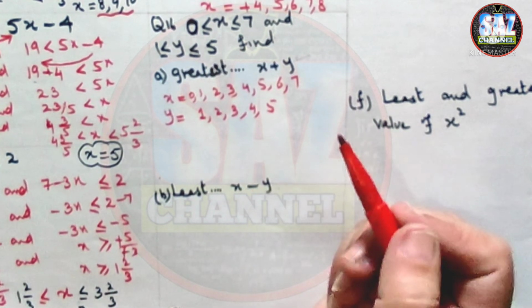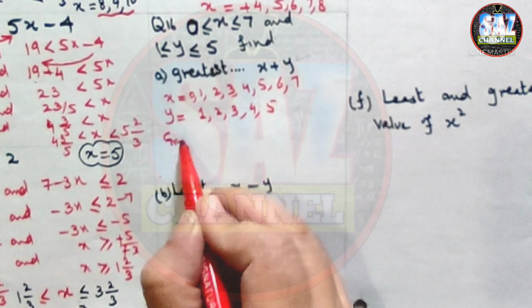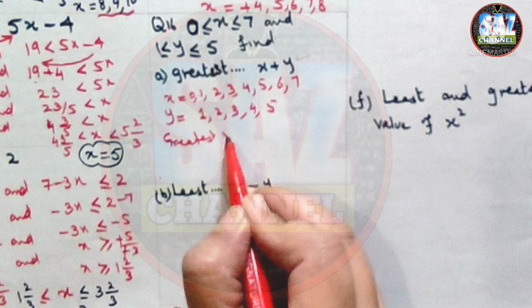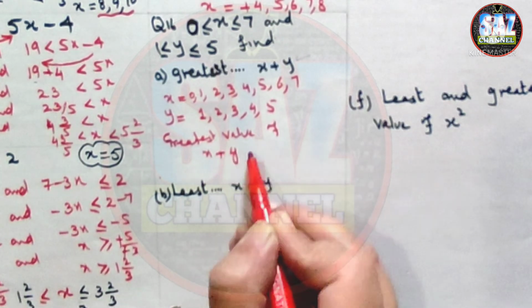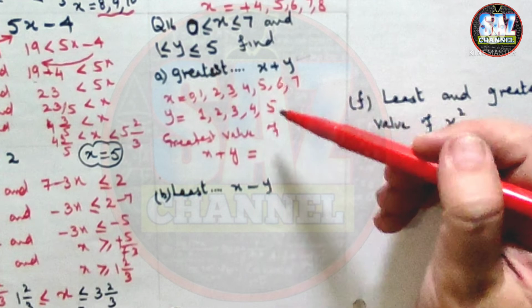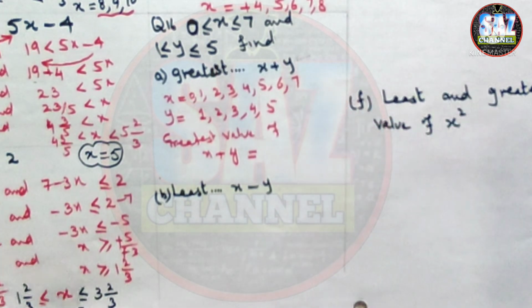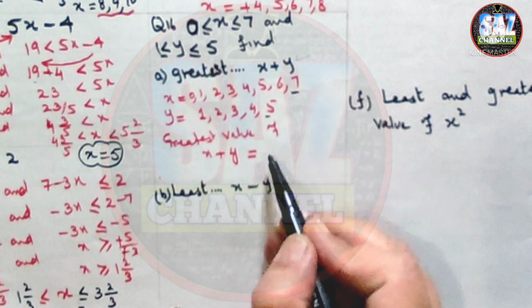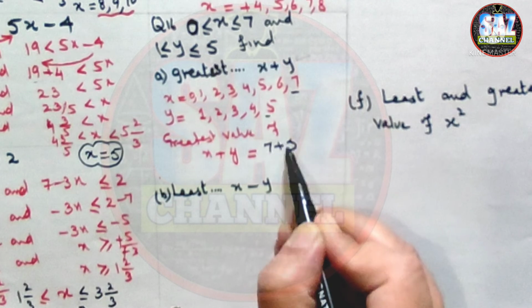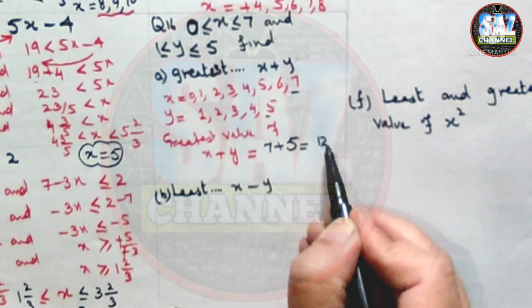Now I need the greatest value of x plus y, so as both the ranges are positive, for the greatest answer we have to pick up the greatest numbers of x and y. So the greatest value of x is 7 and y is 5. So the largest value of x plus y is 12.